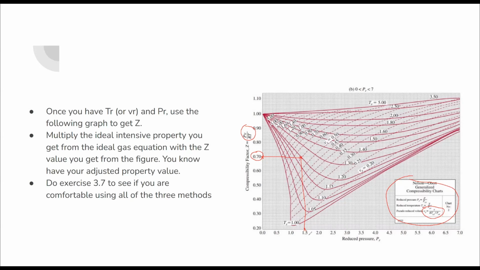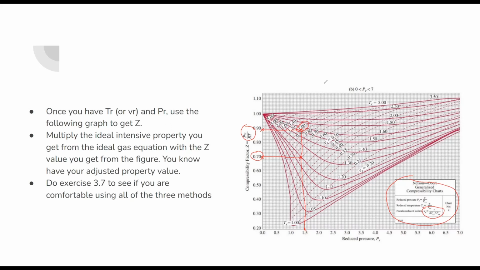So for example, let's take PR again at 1.5, but your VR is at 1. So you would go up, up, up to this line here of 1, and just do the exact same thing. Go straight here, and it's, I think, 0.88 or something like that.